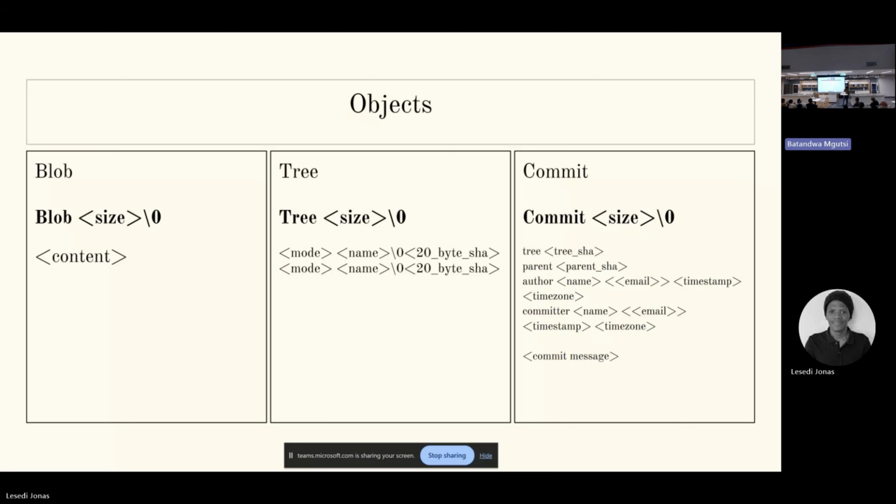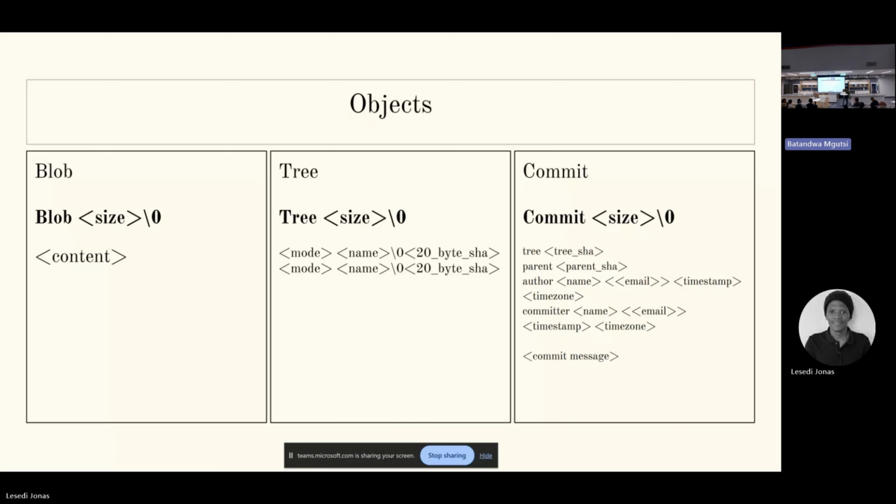We have a blob, a tree, and a commit. The blob is the actual file that you work on. So that's your .js, .java, .py, .whatever you're into file. That's the physical file. And then you have your tree object.